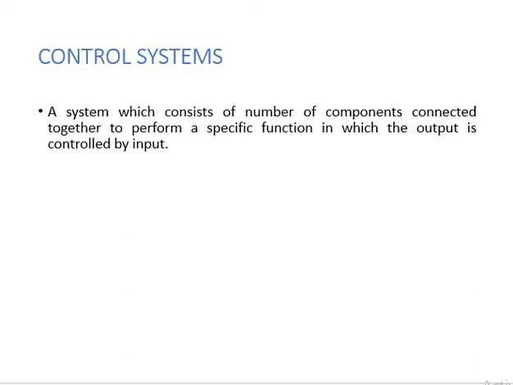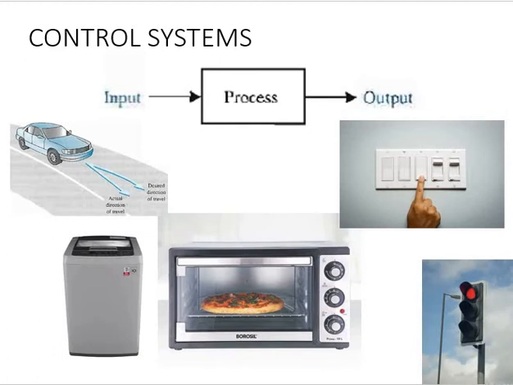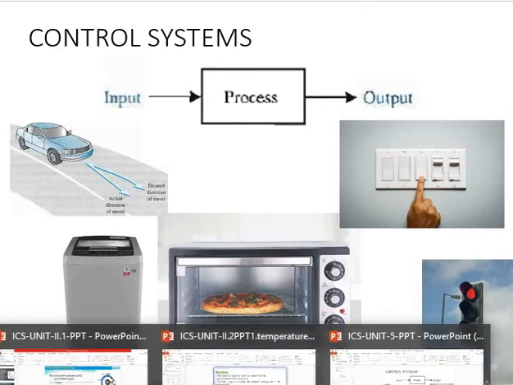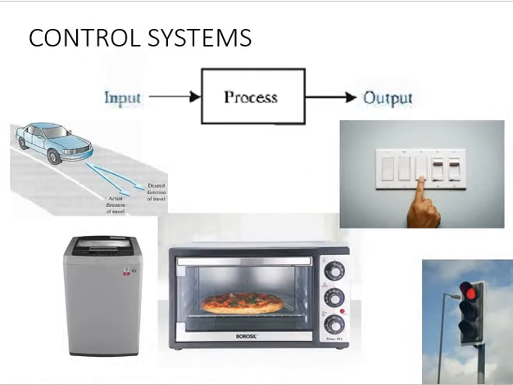So there are many control systems. Now we can see what a control system diagram looks like. Input is given, it is processed, and then it comes out. The best example I am showing is the speed of a car.